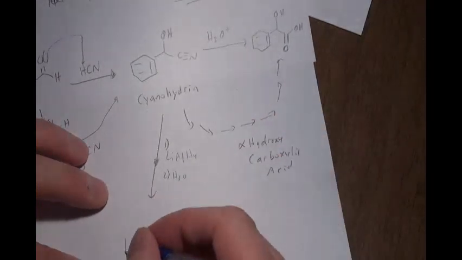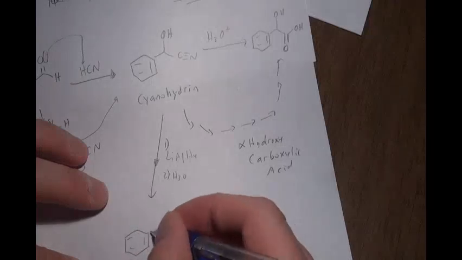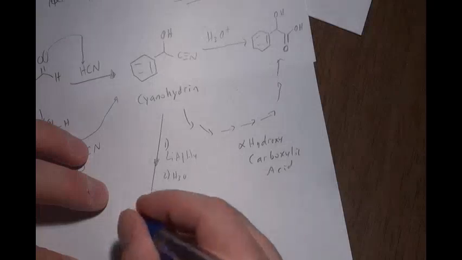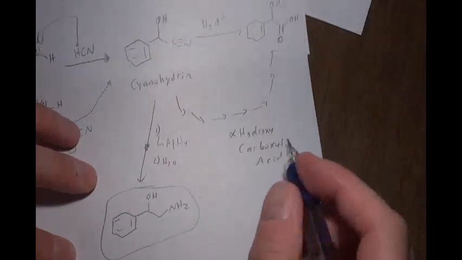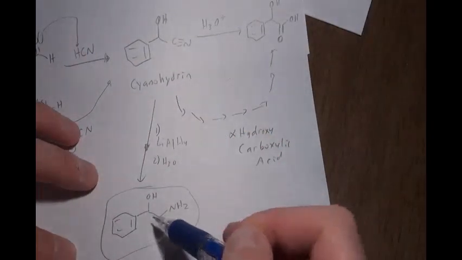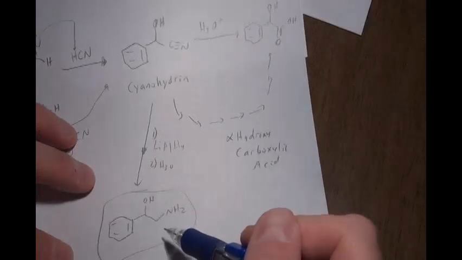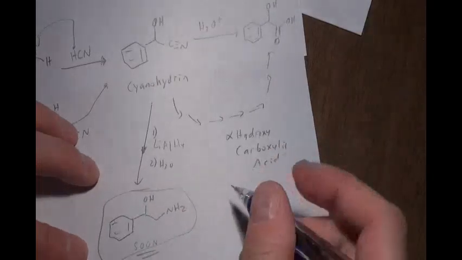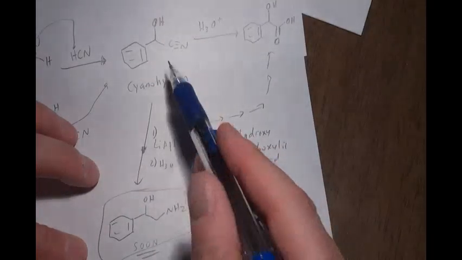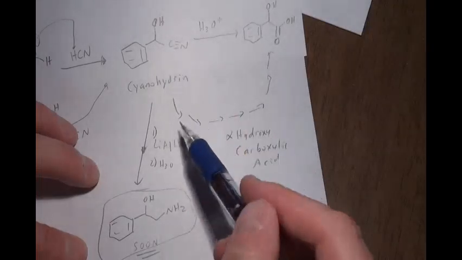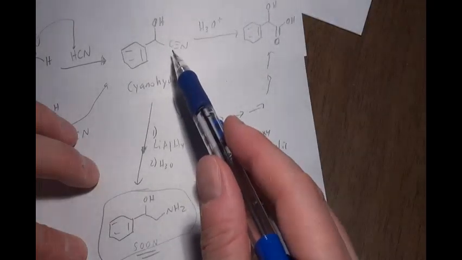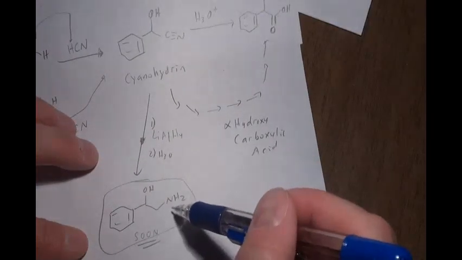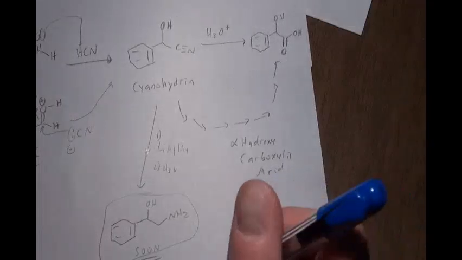And so yeah, you can convert cyanohydrins to these sort of amino alcohols. Okay? This is soon, we'll say. But it's actually very easy. It's just H minus attacks, and then it attacks twice. H minus attacks once, H minus attacks twice, pushes onto the nitrogen, and then a little bit of water, and then you get the amine. So it'll be a very easy mechanism. We will see that one soon.